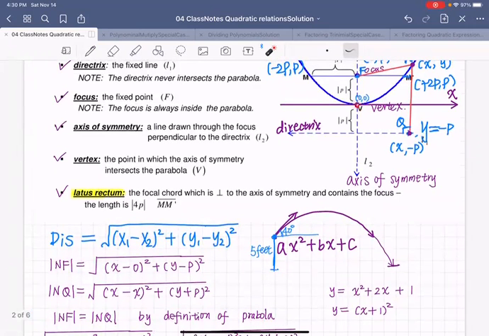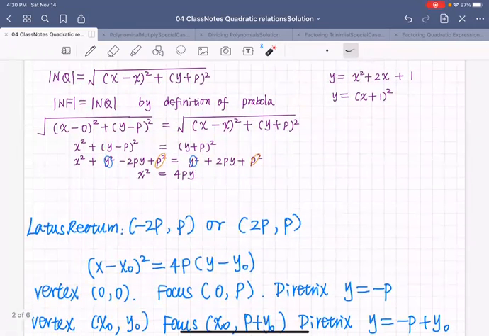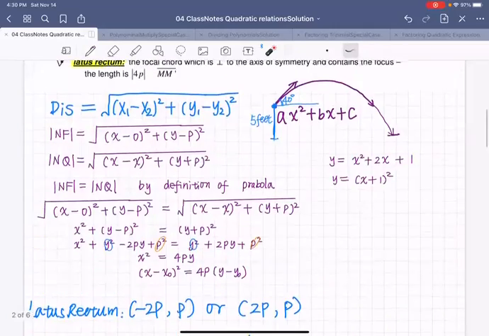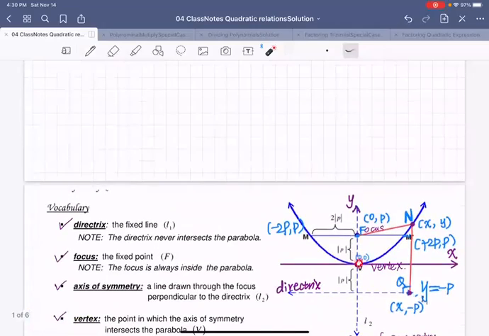And then you can do a shift. So the general case is you have x minus x0 squared equals 4p times y minus y0. Not always will your vertex be in the center.